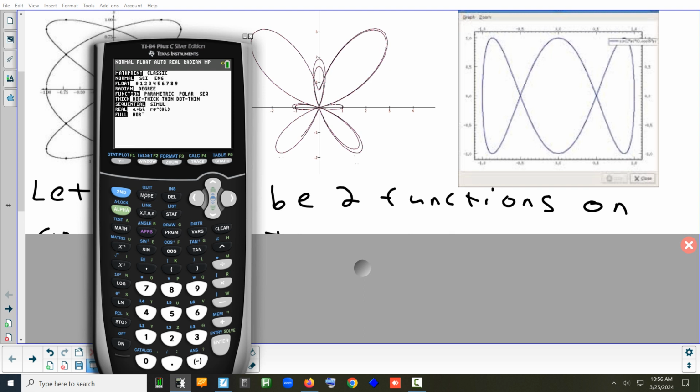If you set it to parametric and you hit y equals, notice each graph now has two things. What parametric does is it breaks down your formula into one formula to calculate the x's and a different formula to calculate the y's. That's what parametric is.